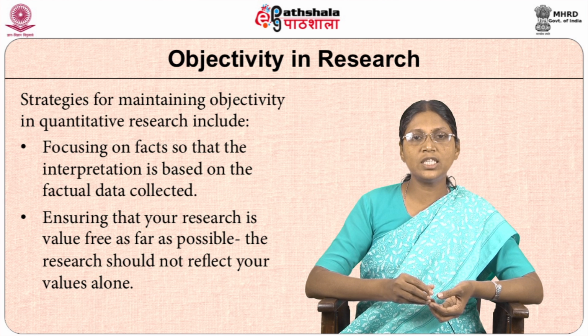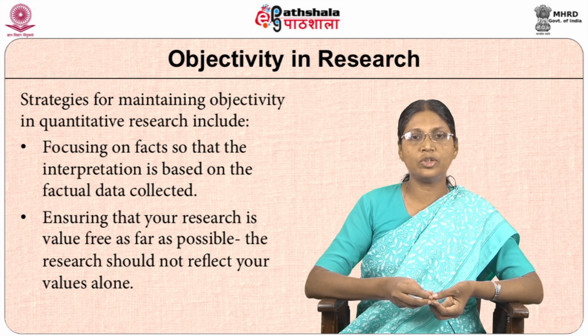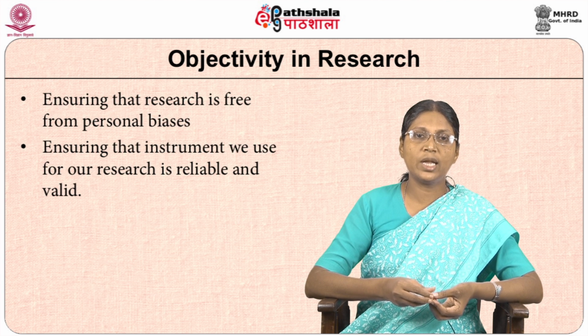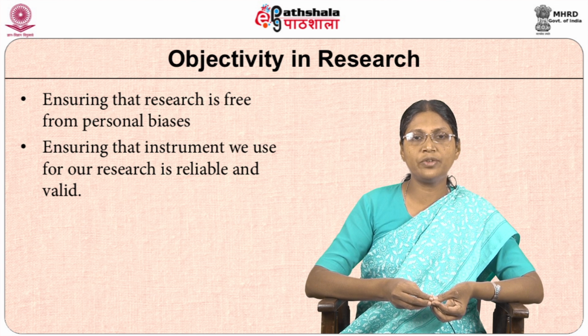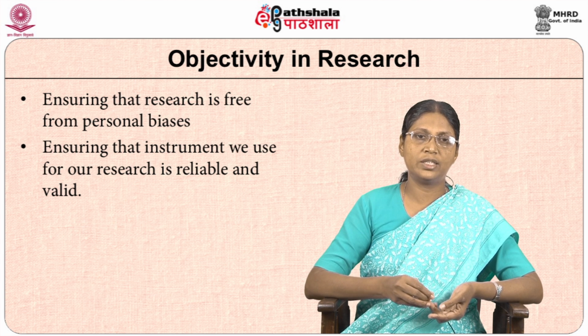Ensure that the research is value free as far as possible. Your research should not reflect your own values alone. Ensure that research is free from personal biases. Ensure that the instrument we use for our research is reliable and valid.